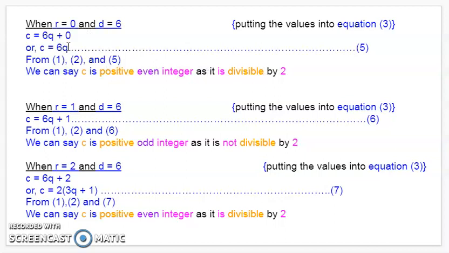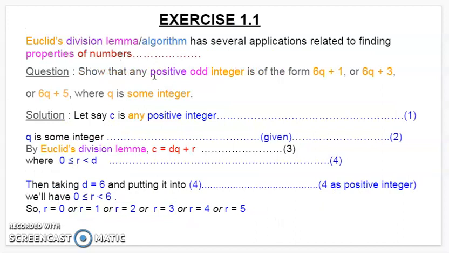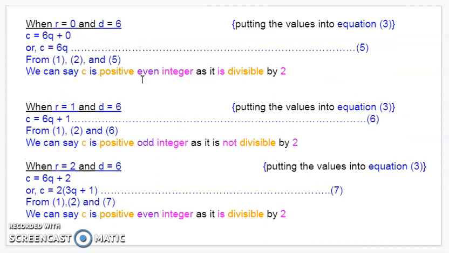We are getting 6q, which will be divisible by 2, as 2 threes are 6. So 2 as a common factor will be taken out. So it is fully divisible by 2, so it is an even integer, which is not required. Here we have to obtain the positive odd integer form.